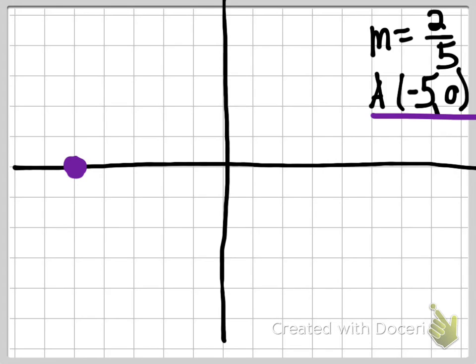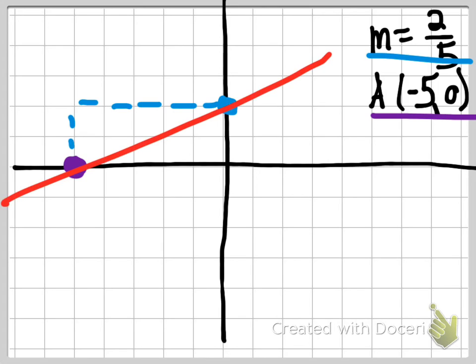And blue for this one. My slope is 2 over 5. So I'm going to go 2 up and 5 over, to right there. So my line will cross through these 2 points, and isn't that colorful?